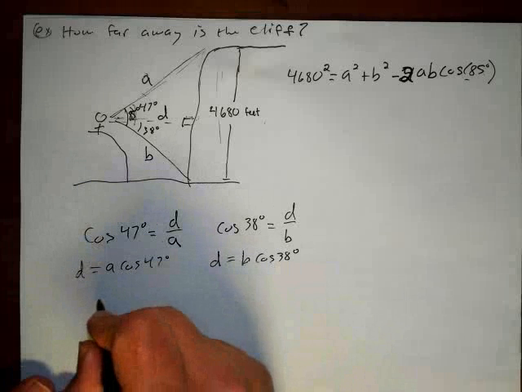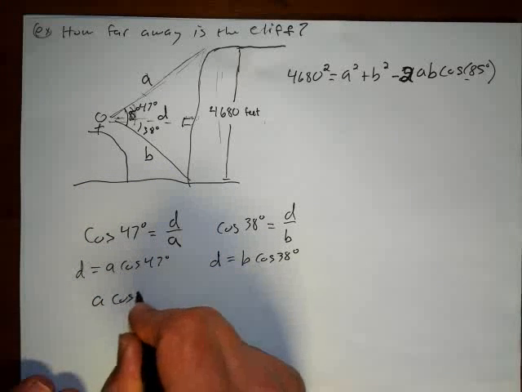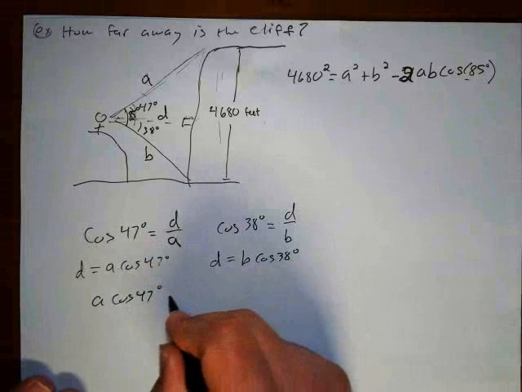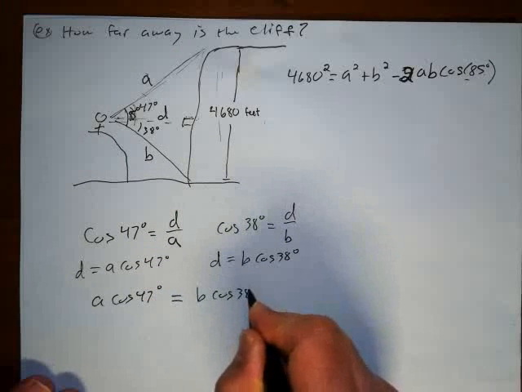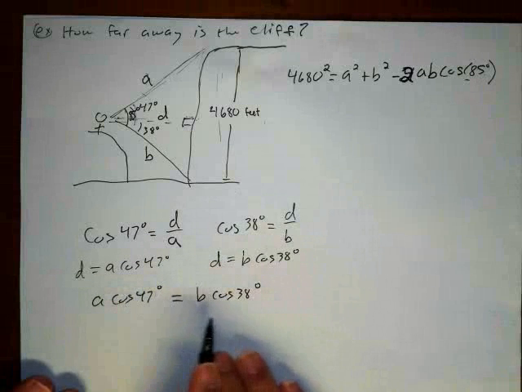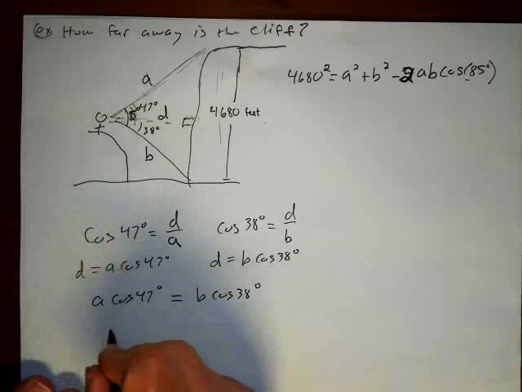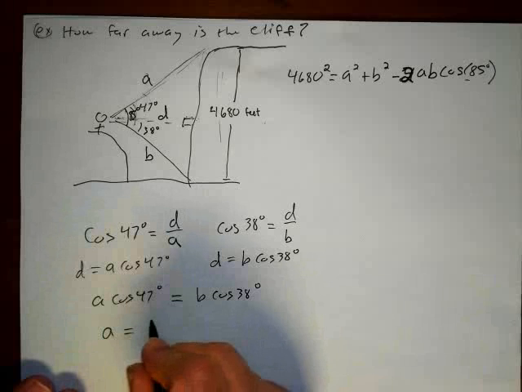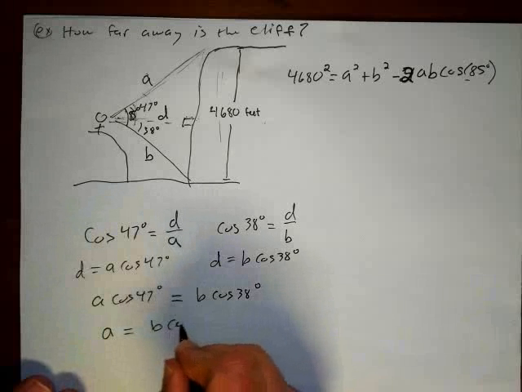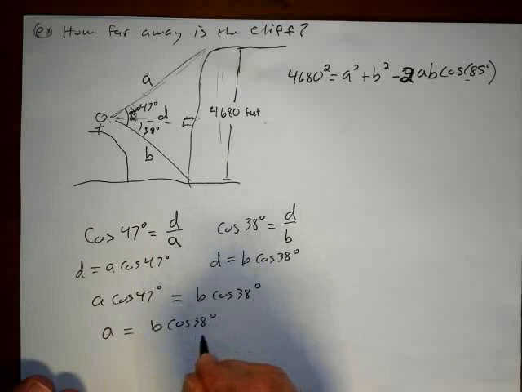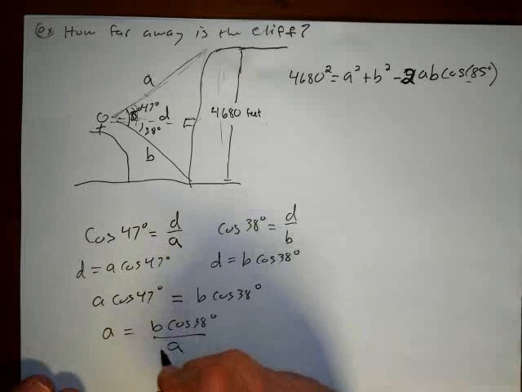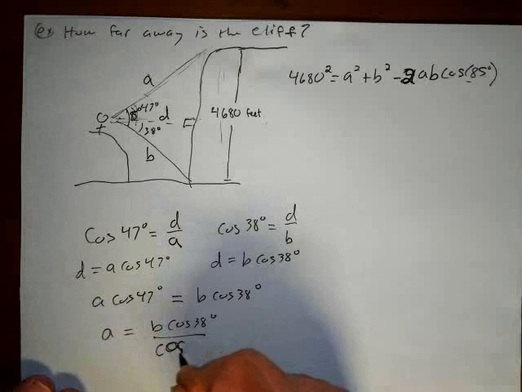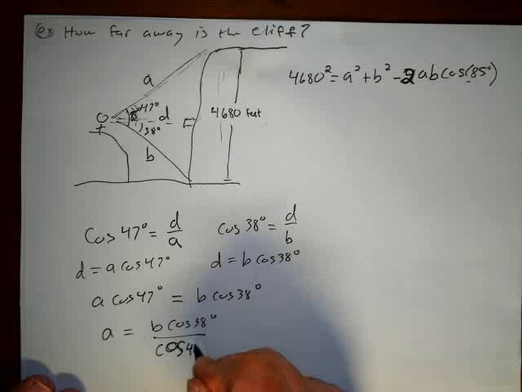They're both equal to D. So I get A cosine of 47 degrees is equal to B cosine of 38 degrees. Then I'm going to solve this for A, and I'd get B cosine 38 degrees over, I'm sorry, over the cosine of 47 degrees.